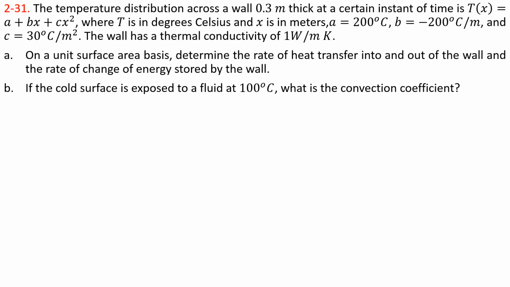In part A, we have to find the rate of heat transfer into and out of the wall and the rate of change of energy stored by the wall, considering a unit surface area. And in part B, we have to find the convection coefficient if the cold surface is exposed to a fluid at 100 degrees centigrade.